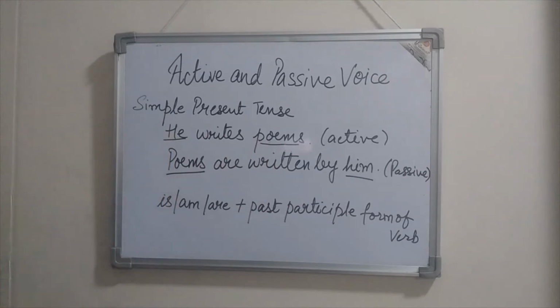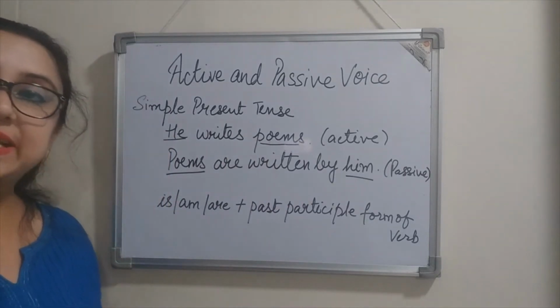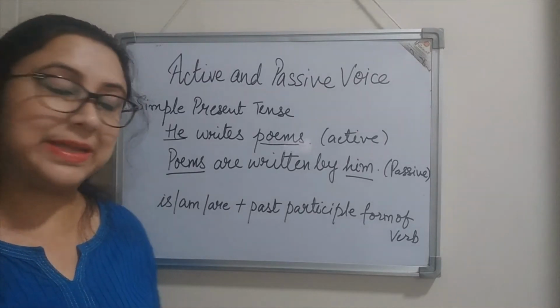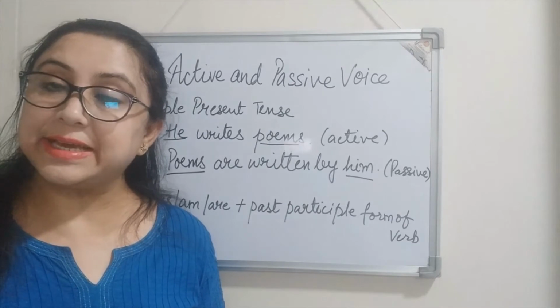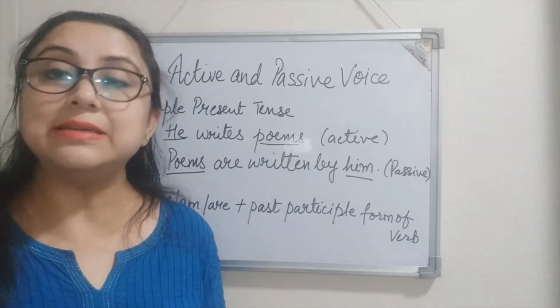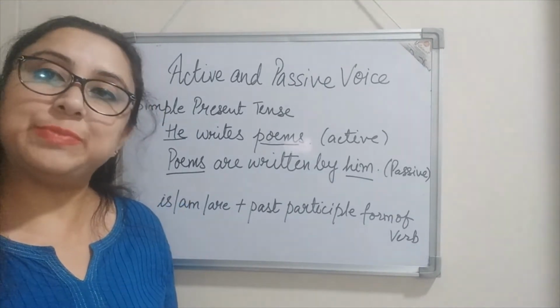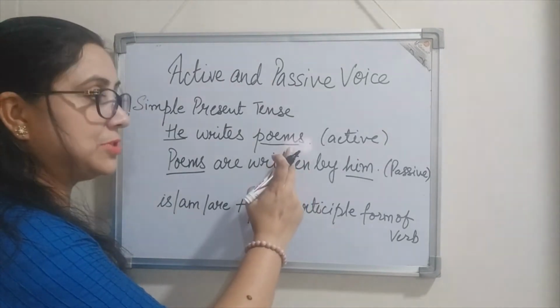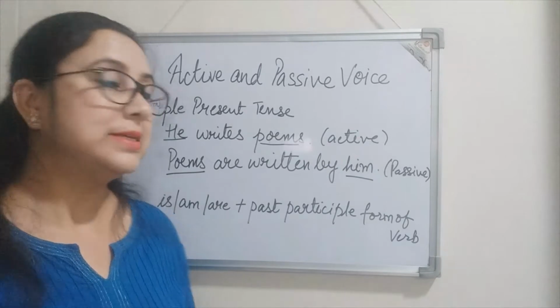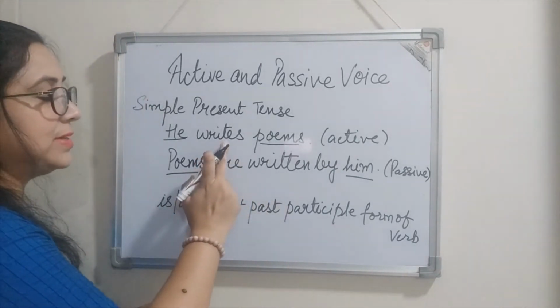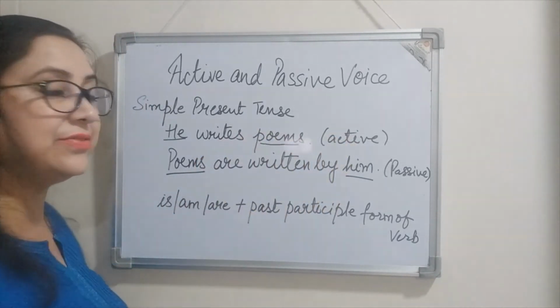So he here is the subject. He is the performer of the sentence and is at the subject's place. And poems is the receiver of the action, and it's placed at the object's place. So this is active voice. The verb is said to be in active voice.